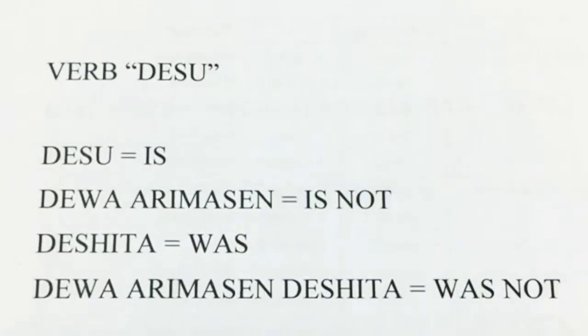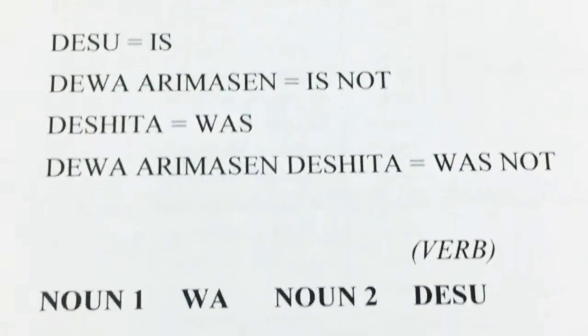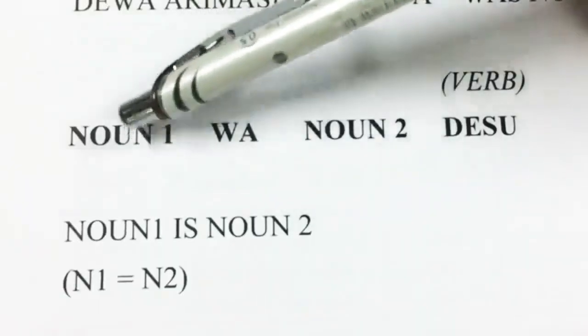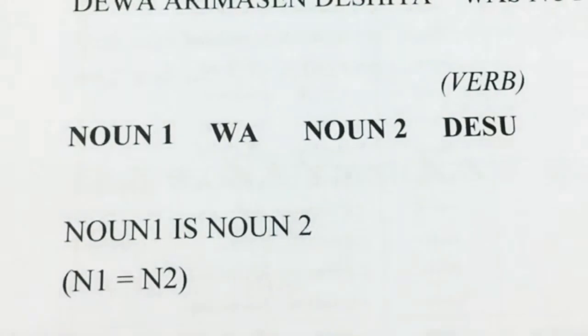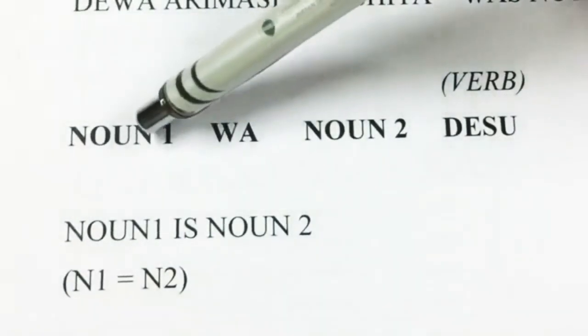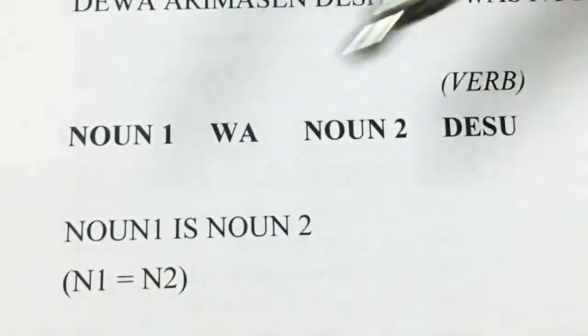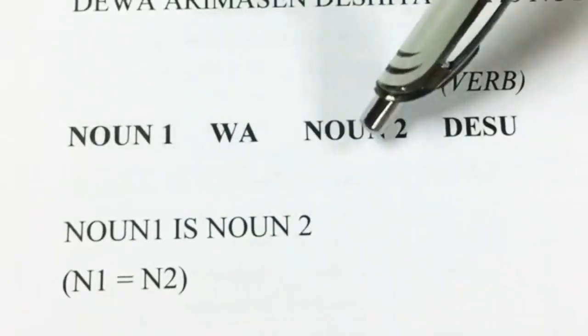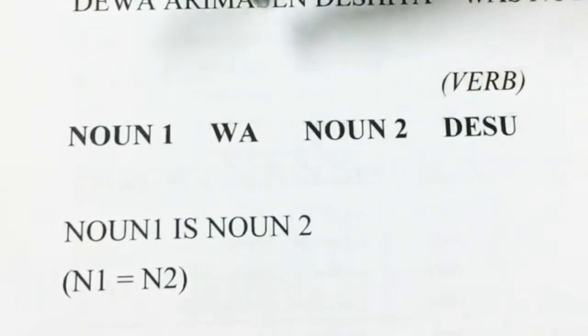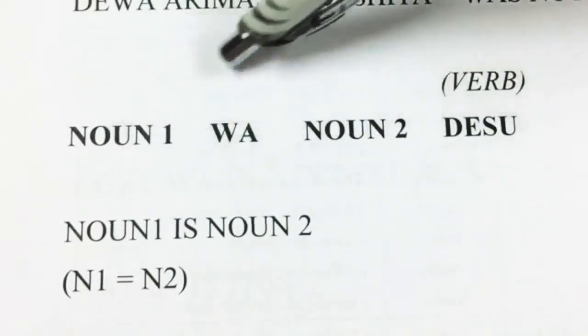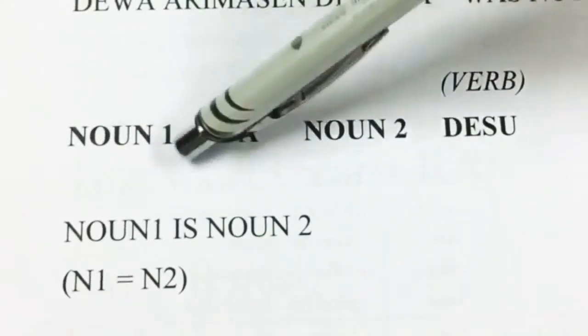Now, the very first Japanese grammar pattern is noun number 1 wa, noun number 2 des. We have 2 nouns, and these 2 nouns have to be related. It has to be the same thing or the same person.